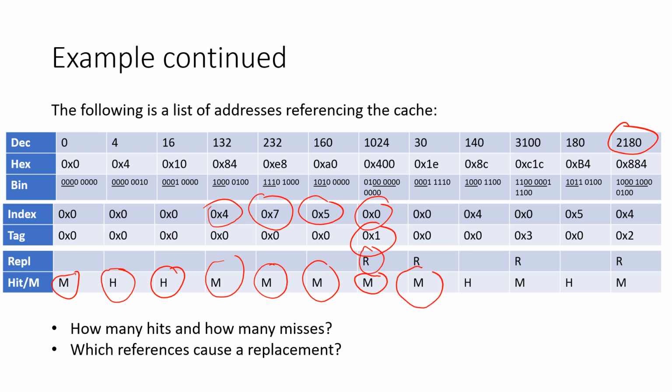So we have 2 replacements here. Address 140 will hit as it has the same index and tag as 132 already in the cache. Address 3100 will miss and replace a block. Address 180 will hit as it has the same index and tag as 160. And finally, address 2180 will miss and replace an existing block.